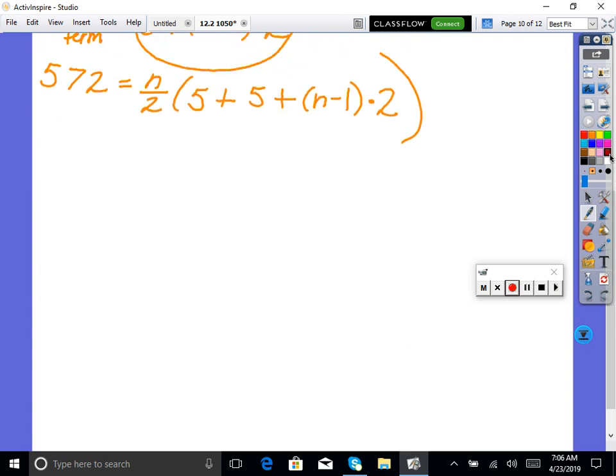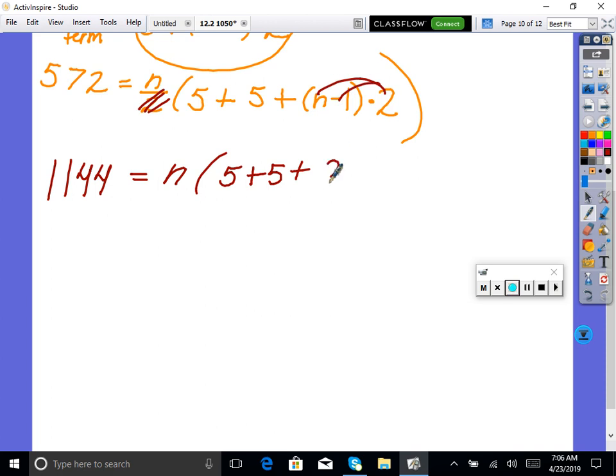Let's do it. So I'm going to first of all times both sides by 2, so I don't have to deal with fractions. So 572 times 2, that's 1144. You guys see why I can times both sides by 2? So that's equal to n times 5 plus 5 plus, I'm going to distribute that, 2n minus 2, all in parentheses.